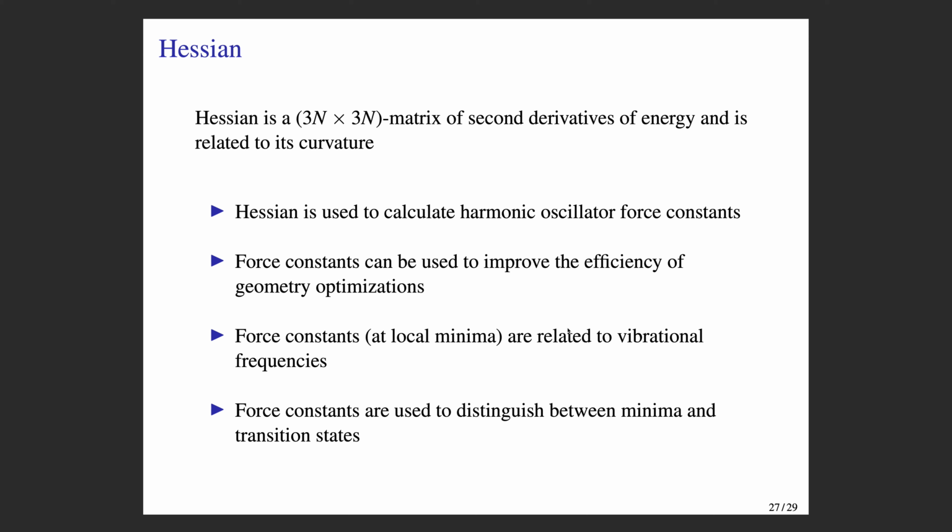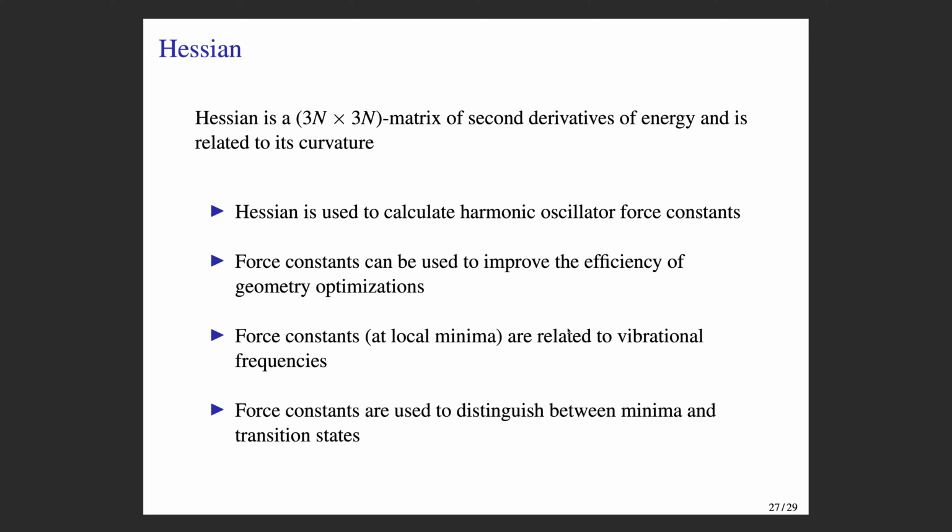The Hessian is an important quantity in physics because, if we adopt a harmonic oscillator model, it can be used to calculate the harmonic oscillator force constants for the different vibrational modes of the molecule. Those are in turn related to the vibrational frequencies of the molecule.